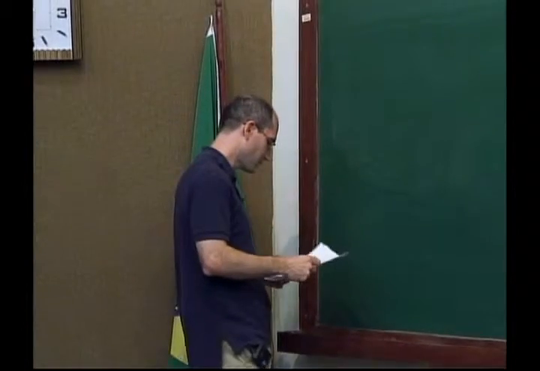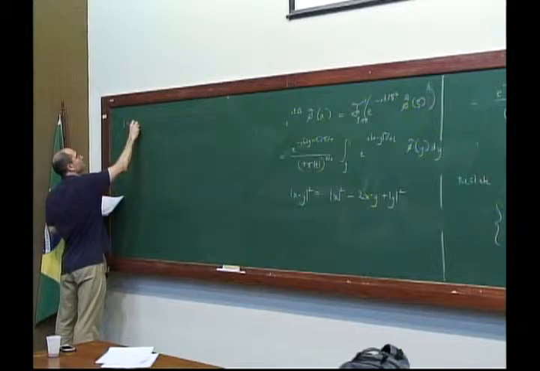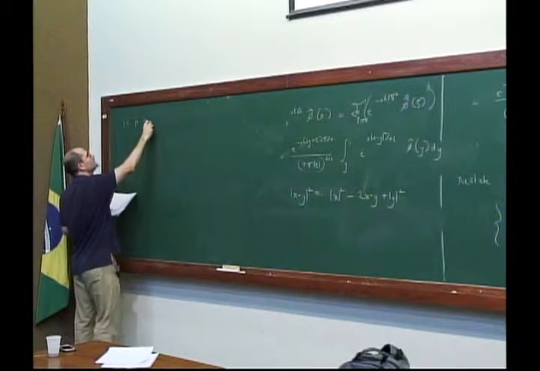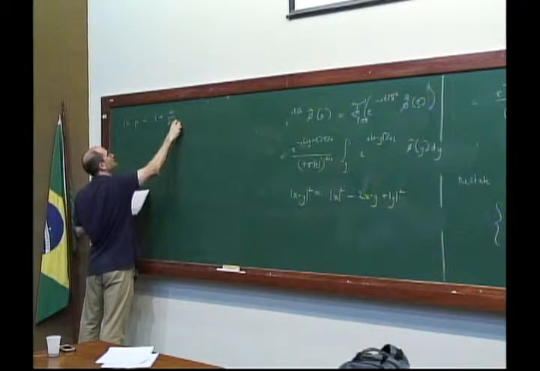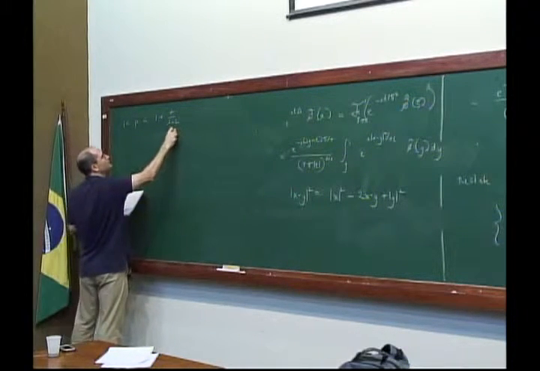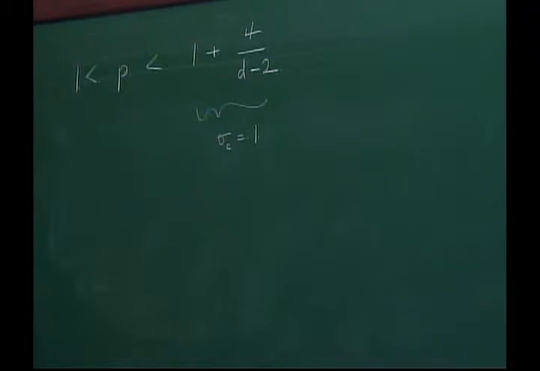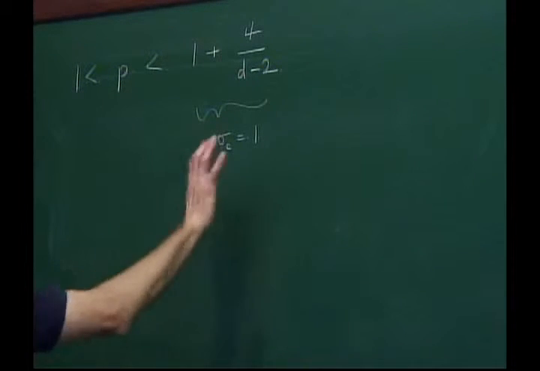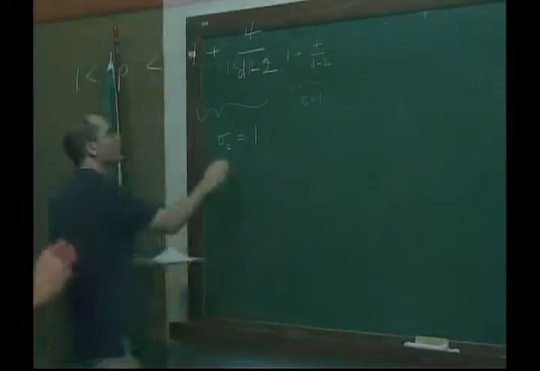For this type of problem, it turns out if you restrict to p between 1 and 1 plus 4 over d minus 2, this is where you would have the critical, that is, the scale invariant Sobolev space would be H1, the so-called energy critical. We're not going to touch that problem, so we just stay in the so-called energy subcritical regime. Then we have well-posedness.